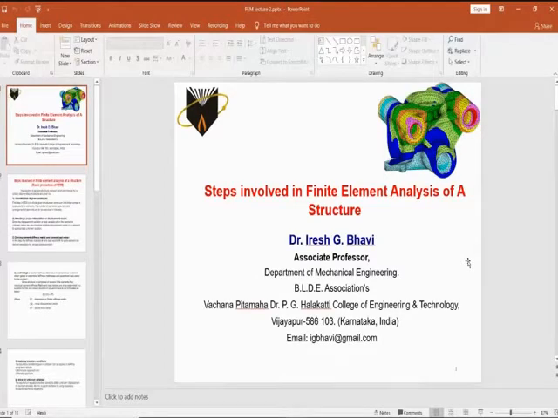So after the invention of computers, when the finite element analysis software came and became popular, everyone in the industry started using this software to do computer simulations.